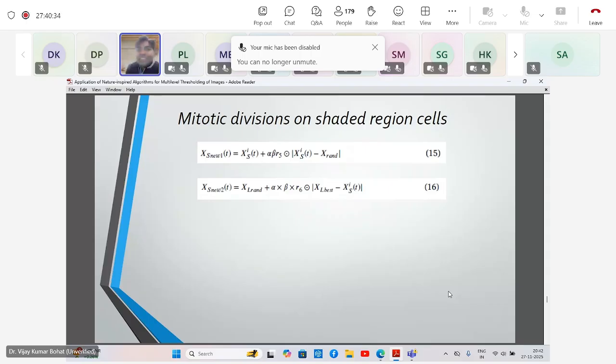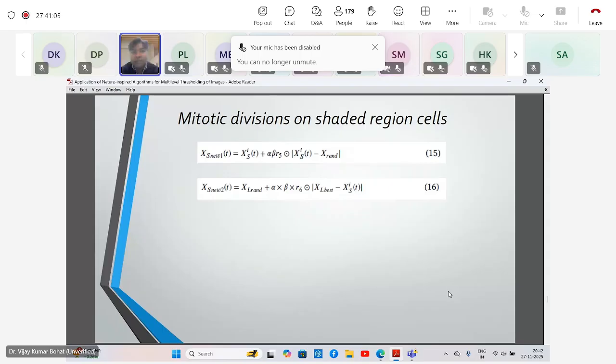Again, like mitotic division, they produce 2 daughter cells, cell 1 and cell 2. So X_S new 1 and X_S new 2 they will generate. To mathematically model their new generation, the first daughter cell generated by the shaded region is almost similar to the mitotic division of light region cells.